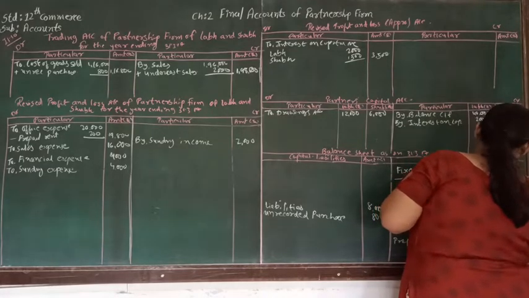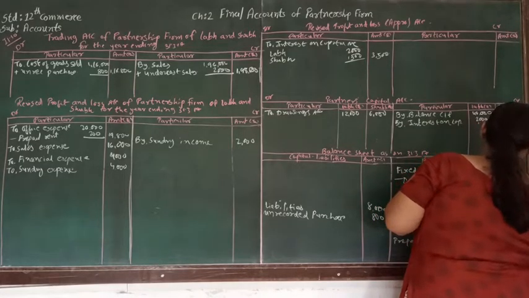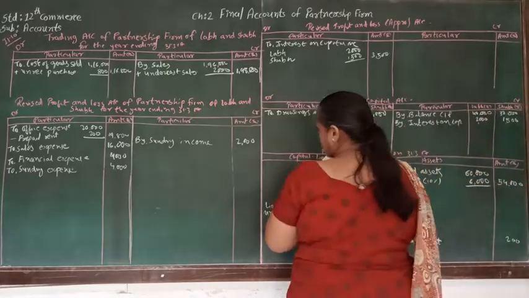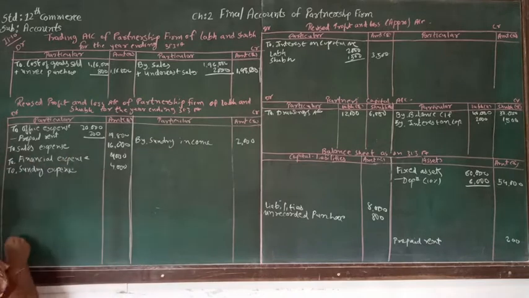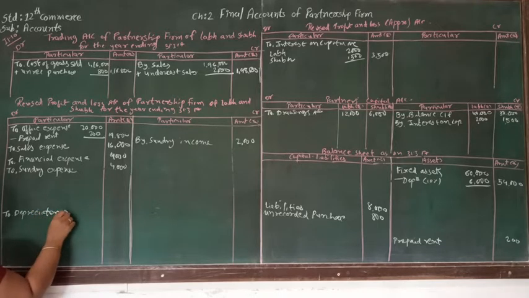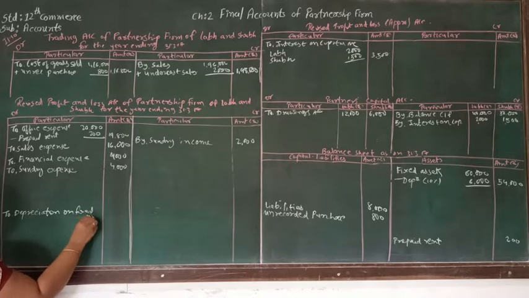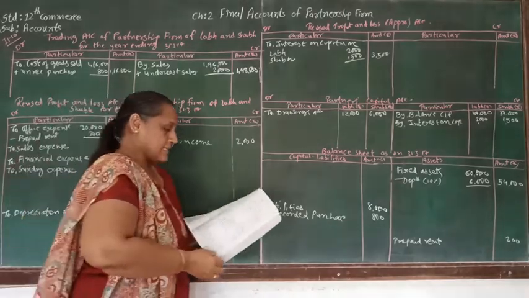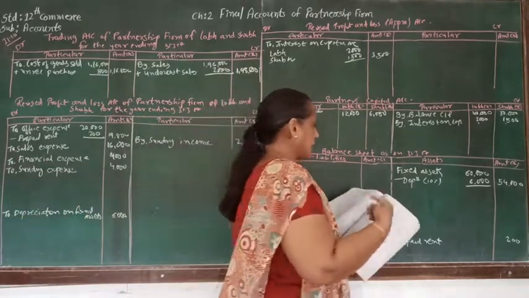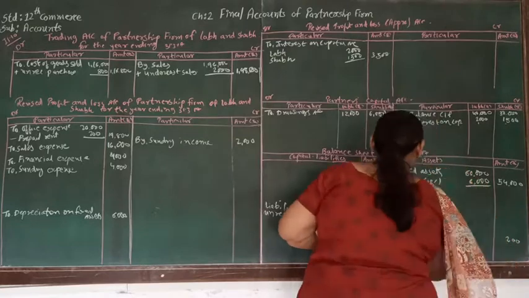And here the amount will be 54,000. This 6,000 depreciation we have to debit to the profit and loss account, to depreciation on fixed asset, and that will be 6,000. Afterwards we can see that the investment is given to us, that is 12,000.